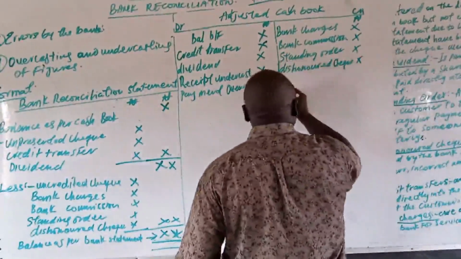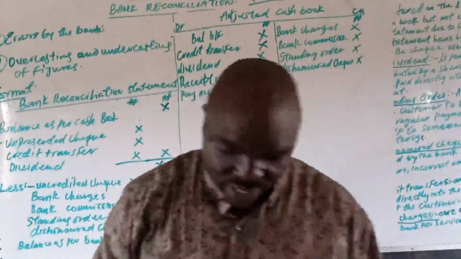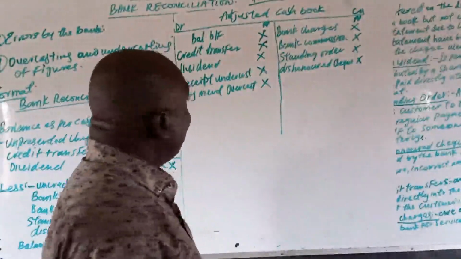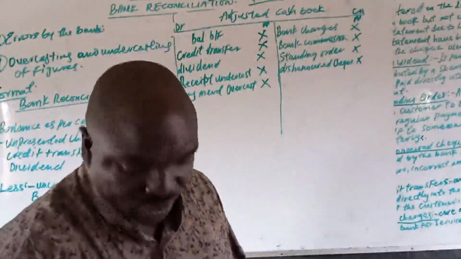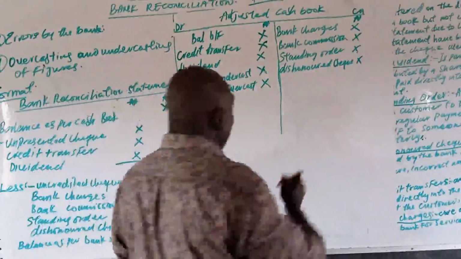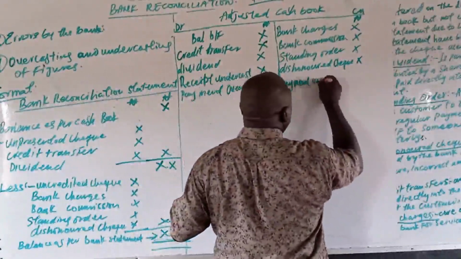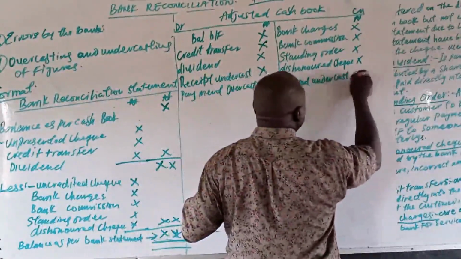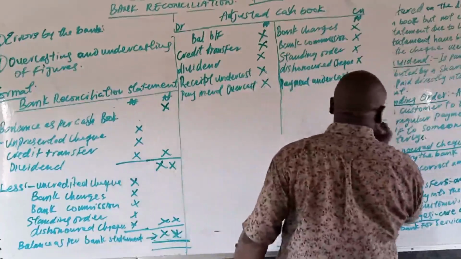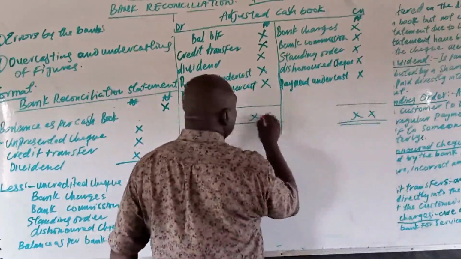Now, all these will be added together. If there's any receipt over cash, we add it. If there's any other one, we have the standing order, we have the bank commission, we have the bank charges, dishonored check. Payment on the cash. Then everything will now be added together.